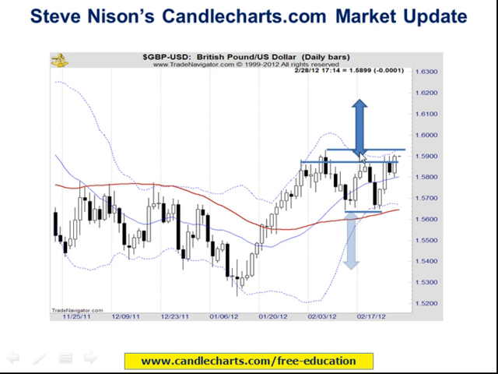And on the flip side, if the market closes under, let's say 156, once again, we take the height of the box range, add it to the breakdown point, and that would give me a target at around 153.50. Because the major trend is up, the 20 is above the 50, the odds slightly favor a breakout to the upside rather than a breakout to the downside.